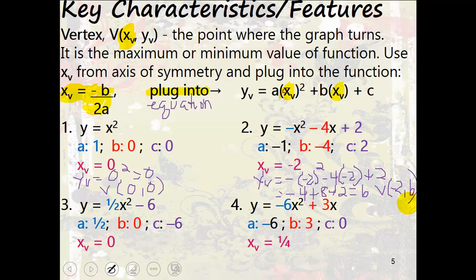Okay, I want you to try 3 and 4 on your own. So hit pause, then answer the video questions, and come back and check your work. All right, here we go.